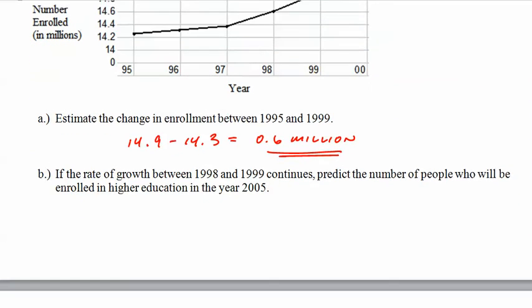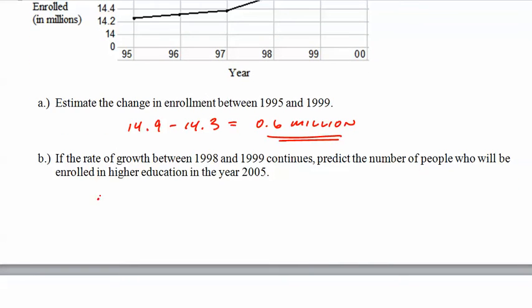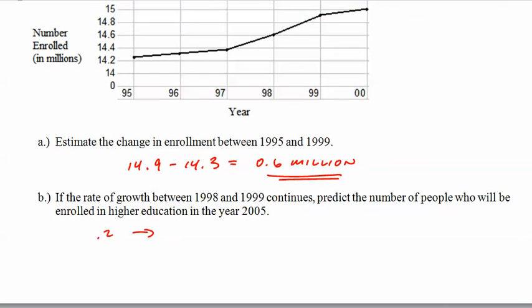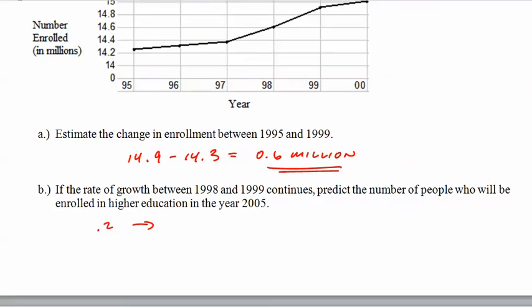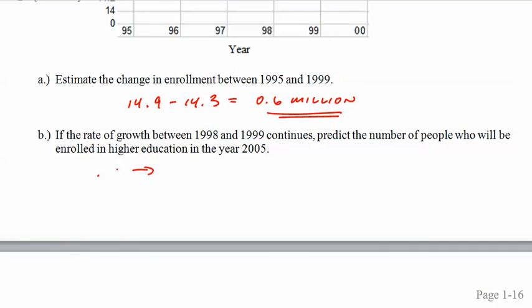We were up 0.2, to the point where we had, we went up more than that. 0.3, we have 14.9. 14.9 in 1999. We should have 15.2 in 2000.